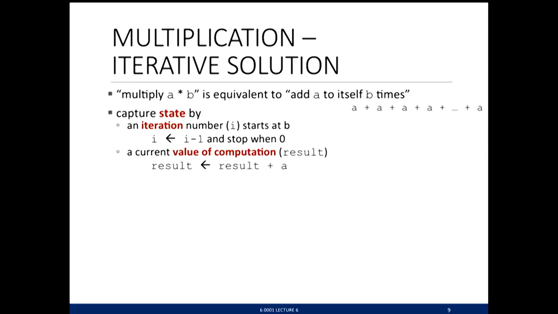One would just call the iteration number, and it would be something, for example, that starts at b, and each time through the loop reduces by 1, and it will keep doing that until I've counted down b times, and I get down to 0. And at the same time, I would have some value of the computation. I might call it result, which starts at 0, first time through adds in a, next time through adds in a, and it just keeps track of how many things have I added up until I get done.